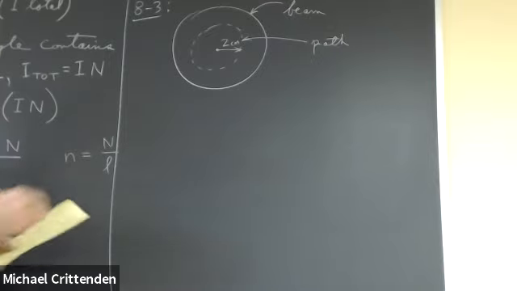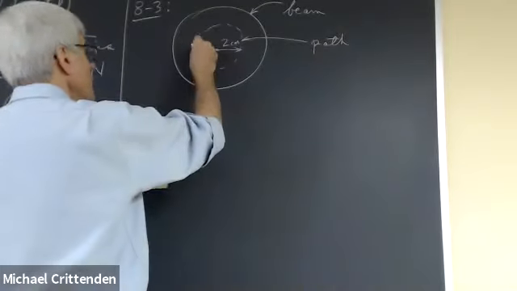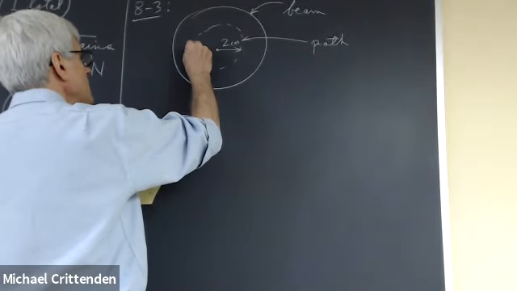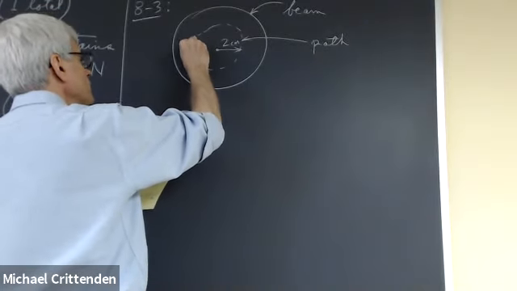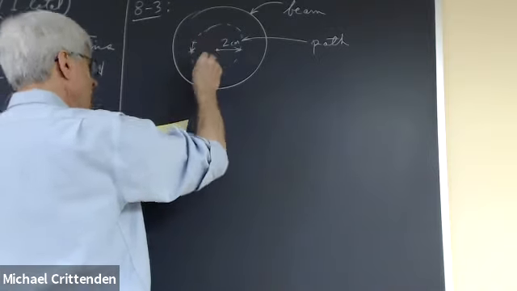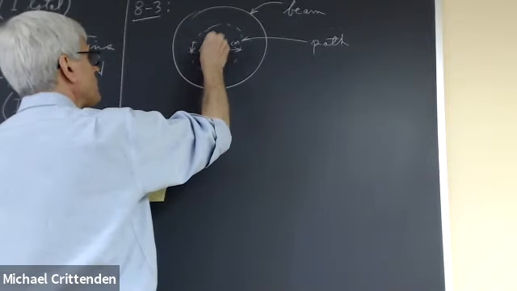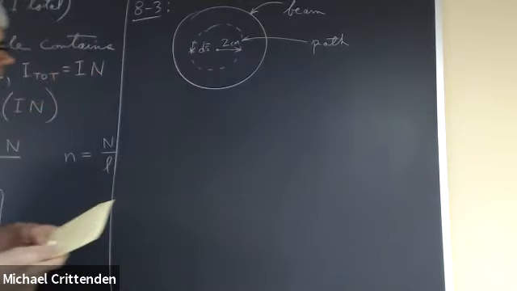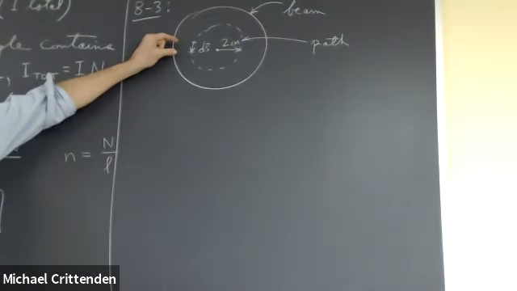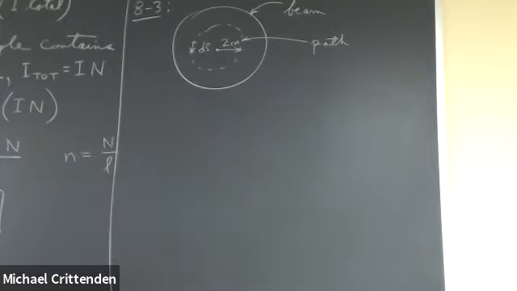Now, if you take this path and divide it up into many infinitesimal pieces, each with a length ds, well, there's a rather enlarged picture of one of those little ds's.